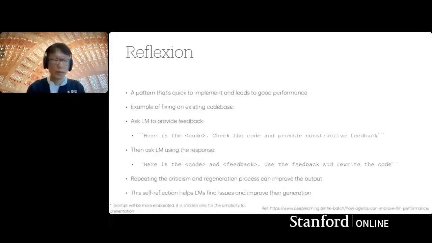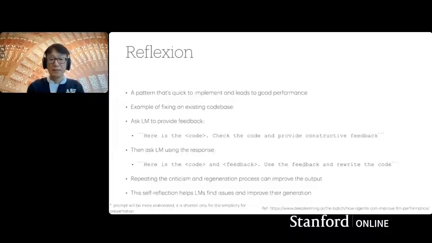Reflection is a pattern that's quick to implement and leads to good performance. Let's use a concrete example. If you want to refactor programming code, instead of asking the model to improve it right away, you do this pattern. You ask the model, here's the code, check the code and provide constructive feedback.